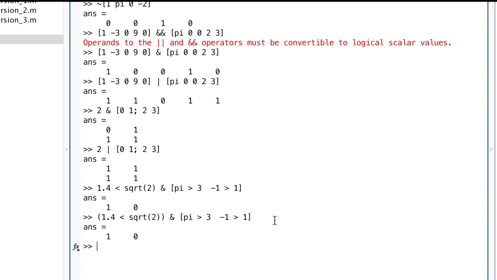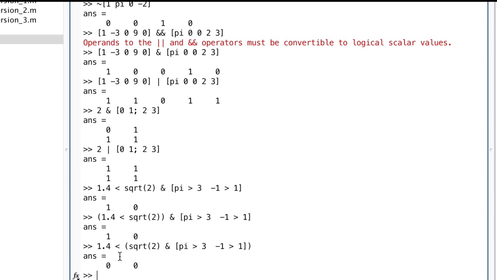Now let's force the ampersand to go before the less than. Here we put parentheses around everything over here after the less than, right here, so that everything inside these parentheses is done first and then fed in as the right-hand operand of the less than operation.